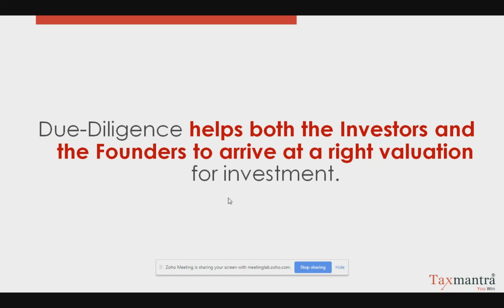If all the compliances are in place, then the investors and founders can negotiate and decide the right price, so that both the parties are happy at the valuation they arrive at. This due diligence process helps them to arrive at a right valuation and to negotiate well with each other.